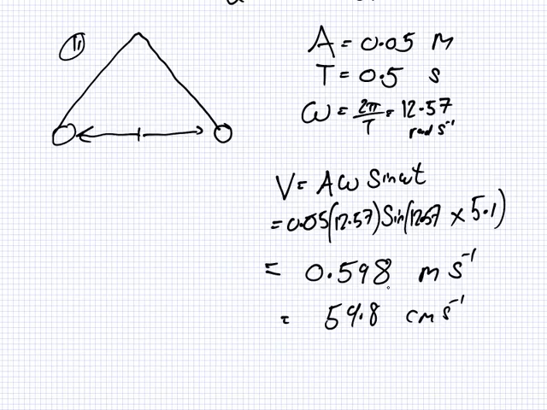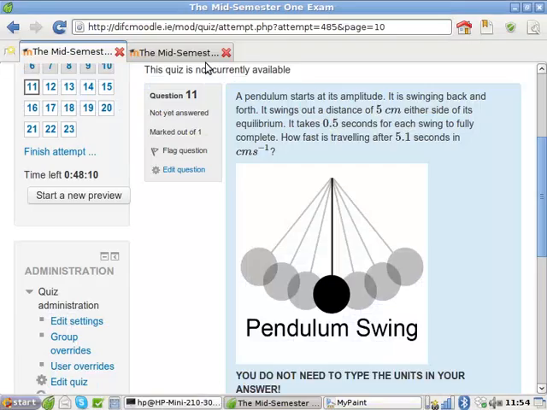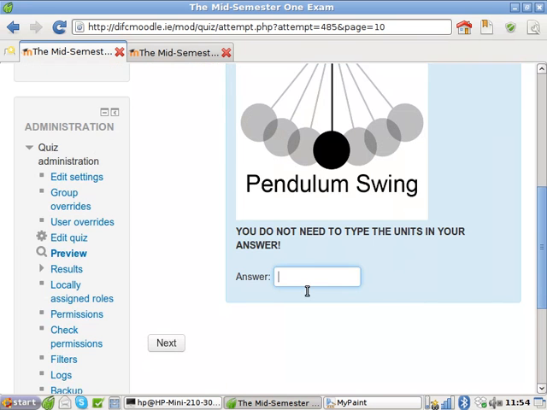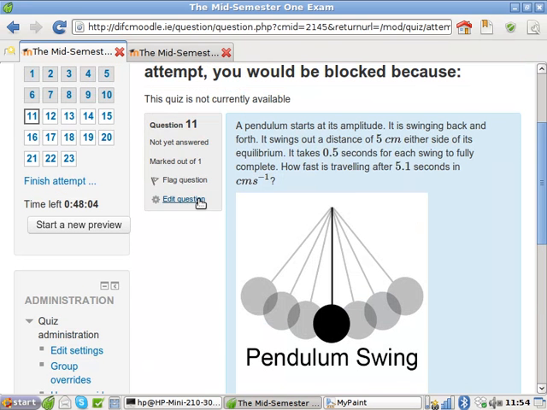Yeah. So my answer then is wrong for this one. I'll fix it. Yeah, times 160. So 59.8 then. So let me edit this question then.